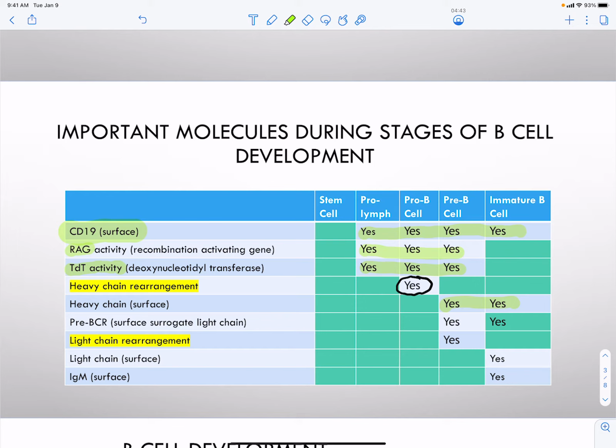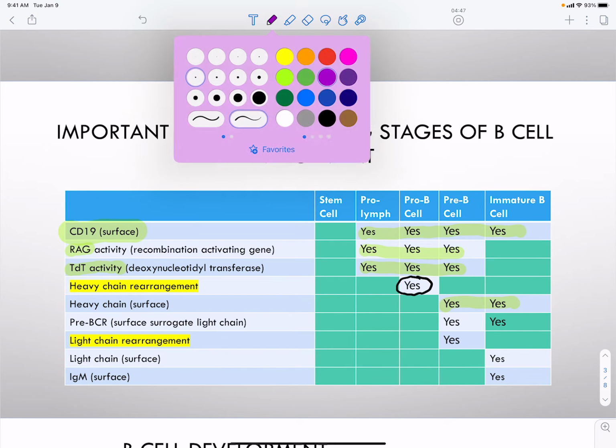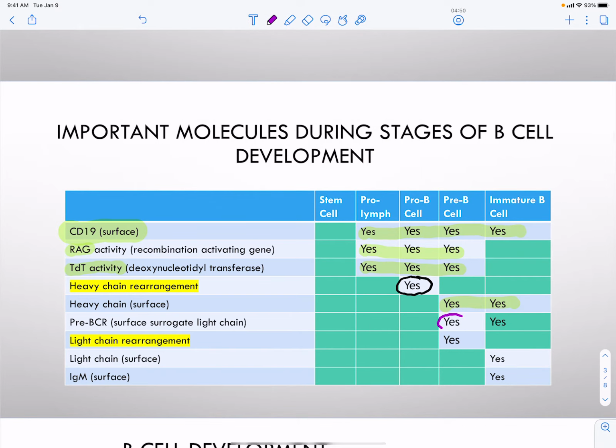Now, we also are going to have something called the pre-B cell receptor, and this is going to have a surrogate light chain. So we already made the heavy chain, and then the heavy chain is going to bind with that surrogate light chain and make the pre-B cell receptor. When this pre-B cell receptor is made, then you can get your light chain rearranging.